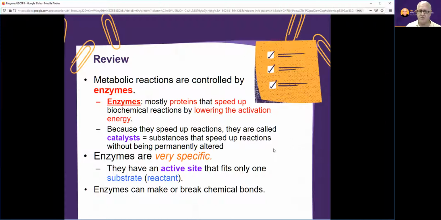Enzymes are very specific, and they have an active site that fits only one substrate, and the substrate is also known as a reactant. And we call that a lock and key model. And enzymes can be used to make or break chemical bonds.